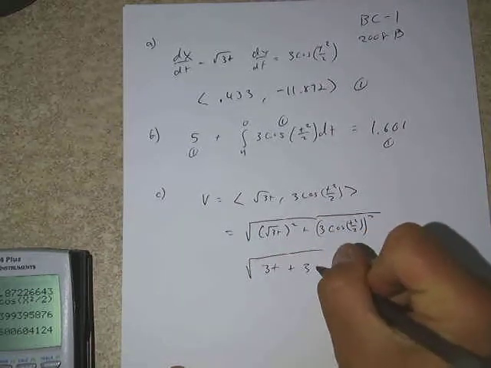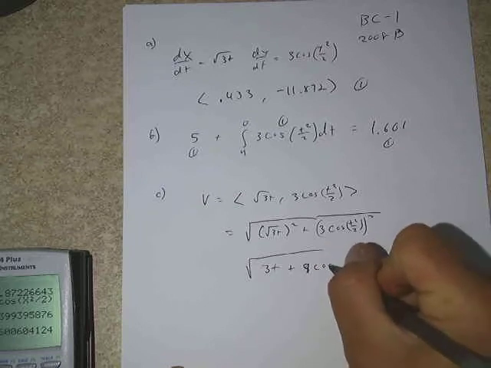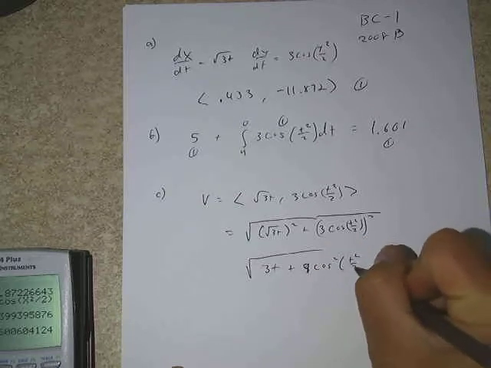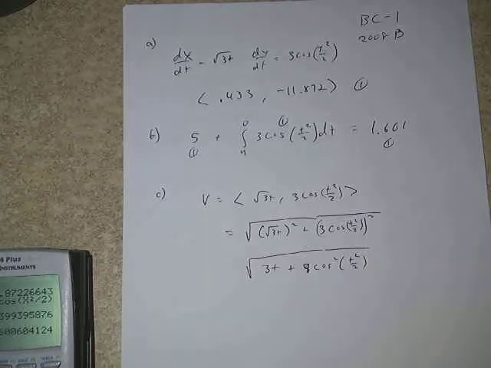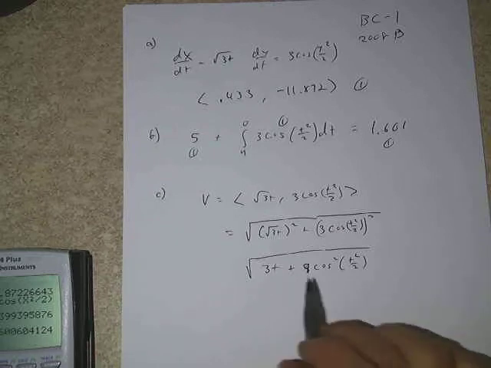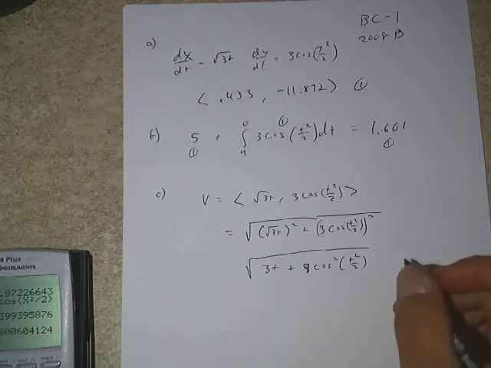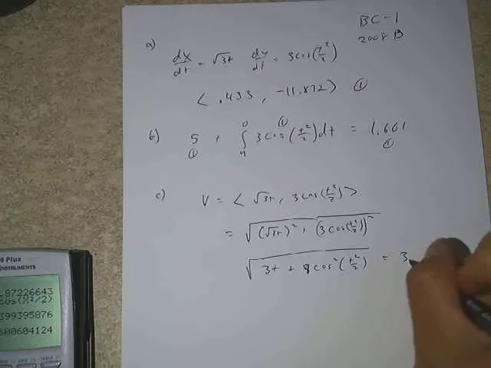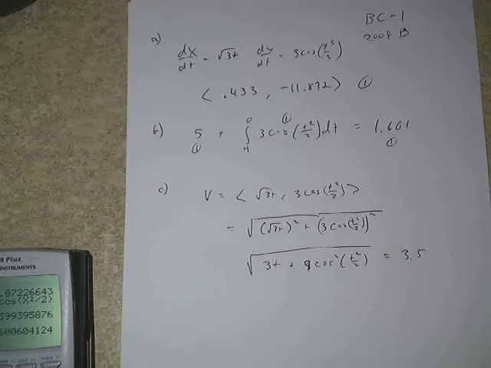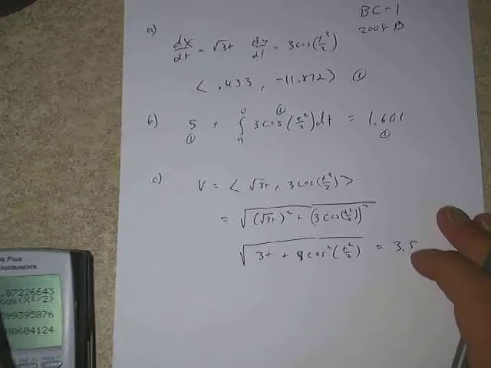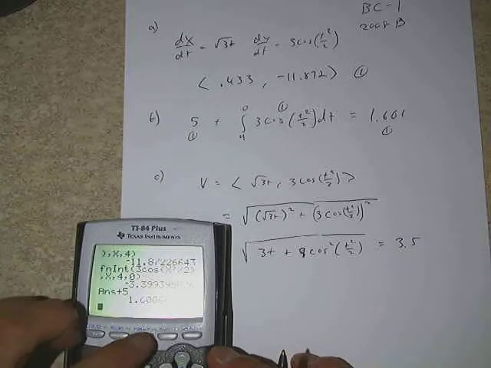With that, we would get 3t in here, and here we get 9 cosine squared of t squared over 2. So this expression gives us the speed at any time, and the question is, when does this speed equal 3.5?